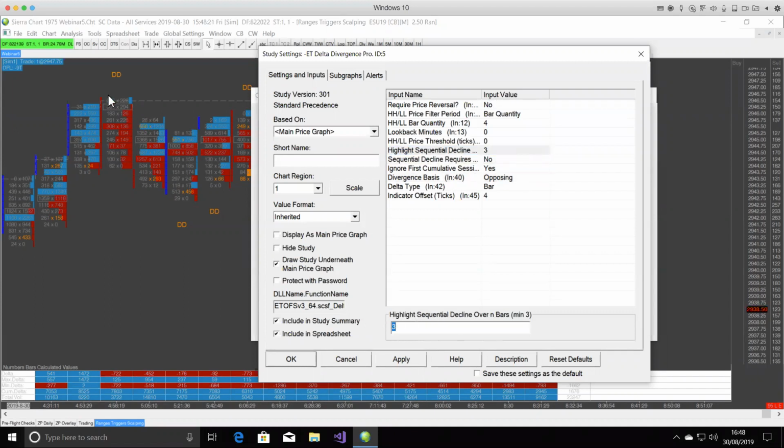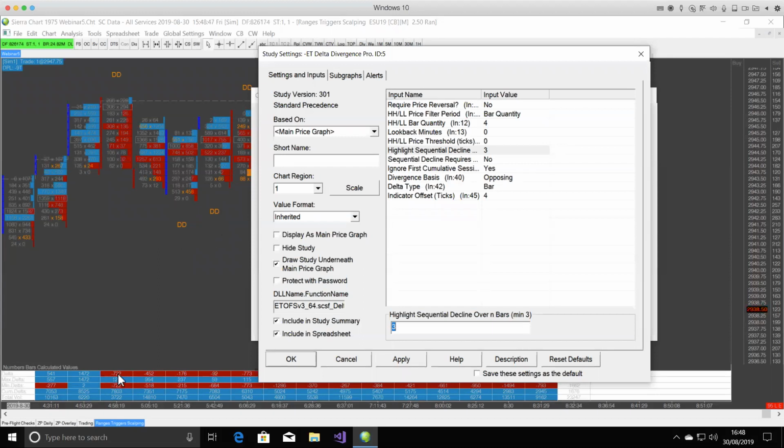So what I'm doing here is, if we have a sequence of reducing or increasing deltas, so you see we've got less negative 3 in a row, less negative 3 in a row again, then I want to know about it. So this is telling me that although we're selling, the amount of aggressive selling is becoming less aggressive.